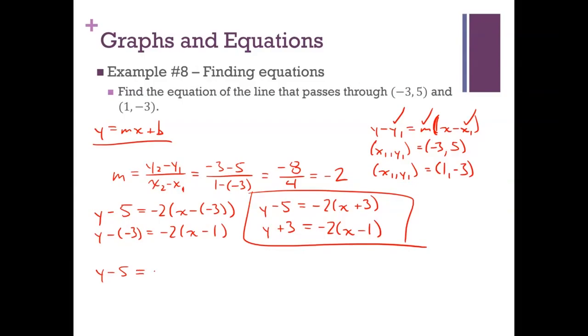So let's just take one of these. Y minus 5 equals negative 2 times x plus 3. How can I make that look like y equals mx plus b?